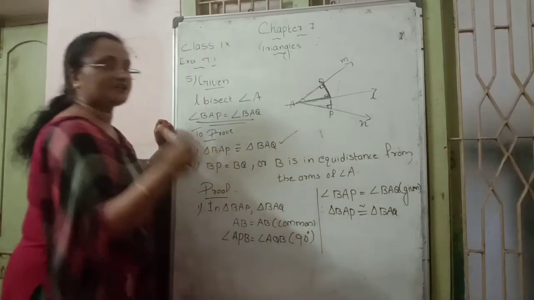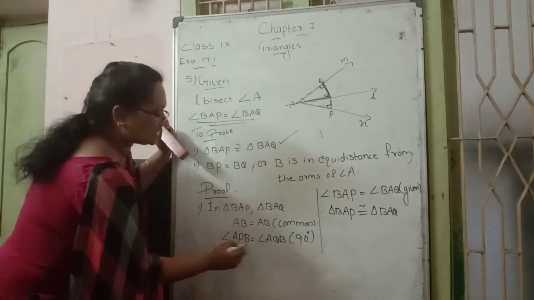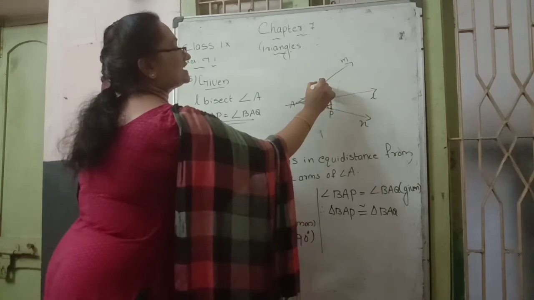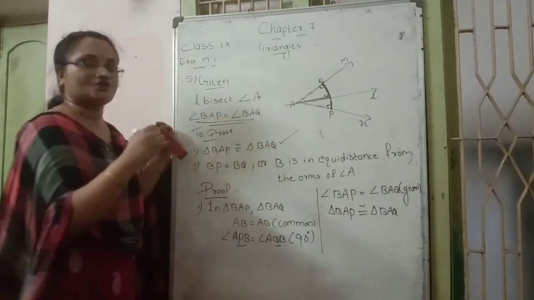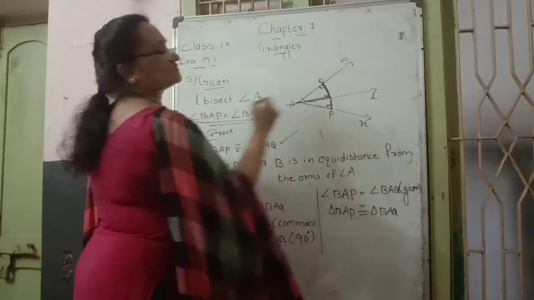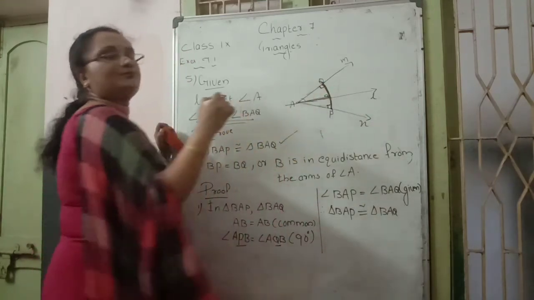By which property? Write it carefully. Which angles? P and Q, where P and Q are on this line. And which side? AB side, this one. AB side is not included between the P and Q angles.